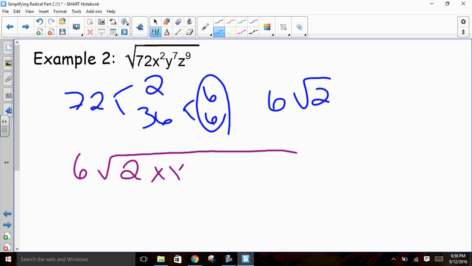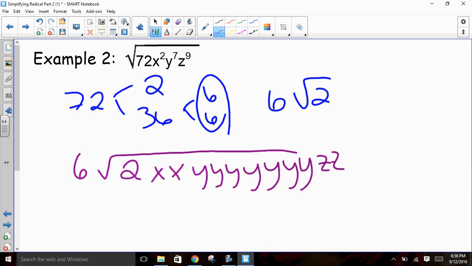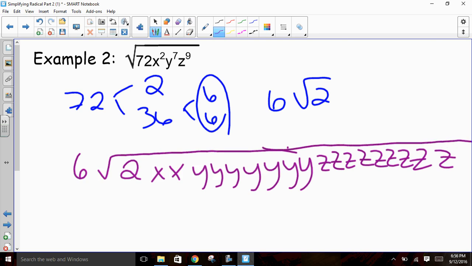I have x, 1, 2, 3, 4, 5, 6, 7. 1, 2, 3, 4, 5, 6, 7, 8, 9. Remember, it looked like originally my z's were not all under that square root.